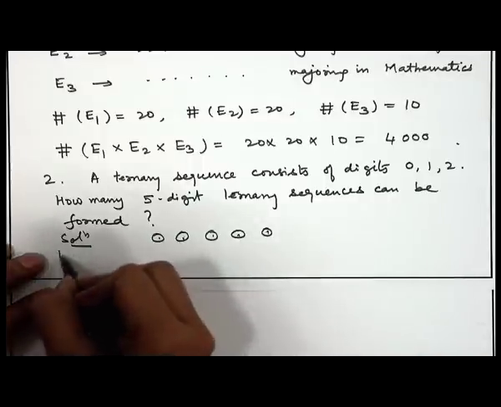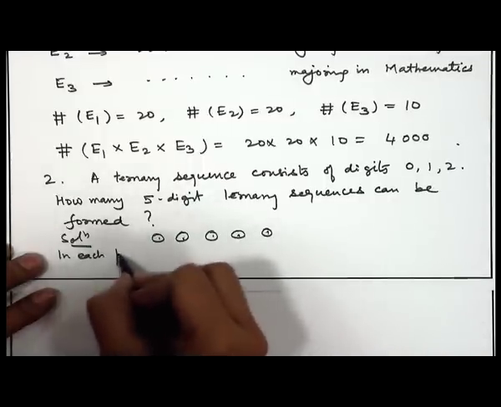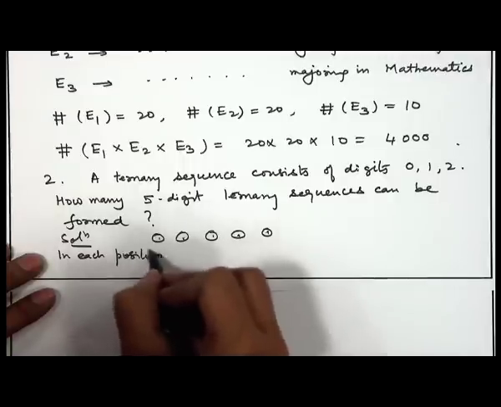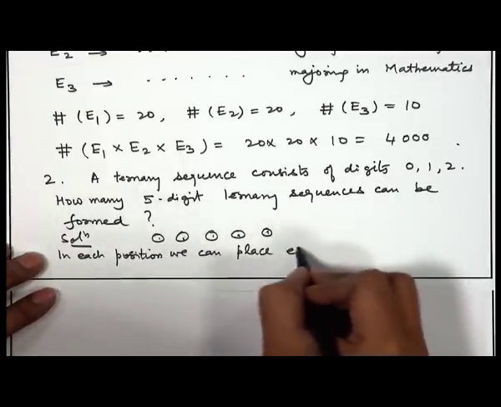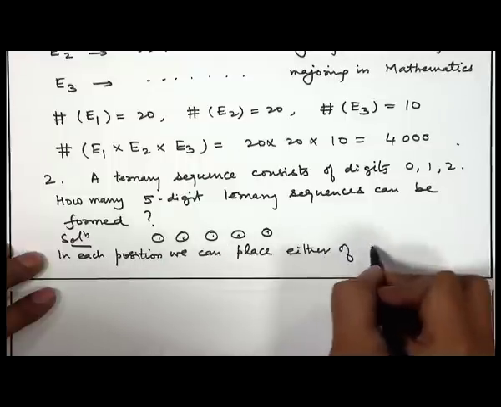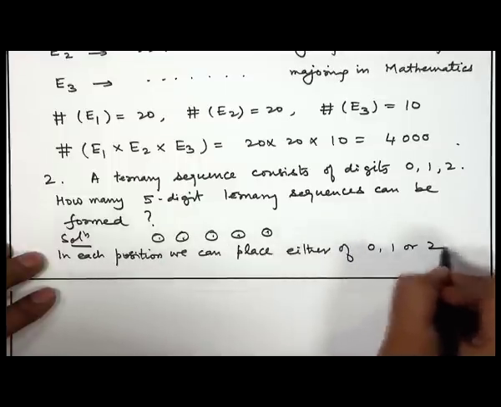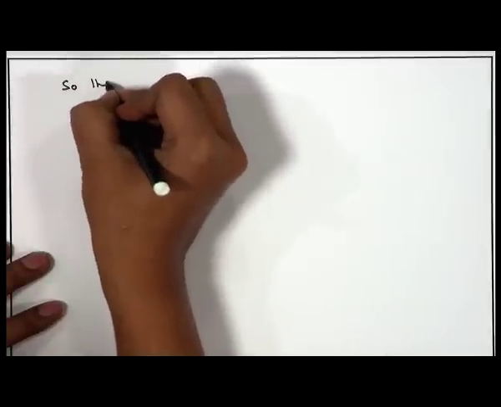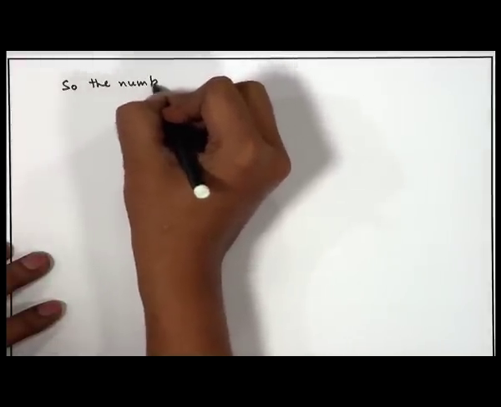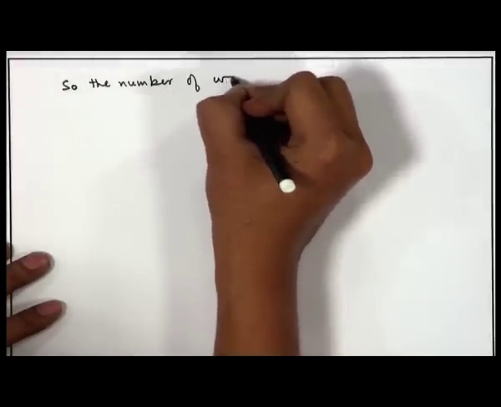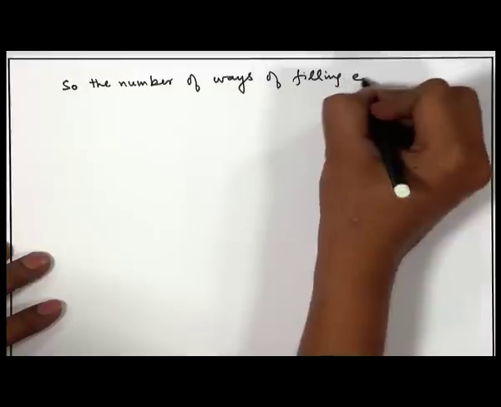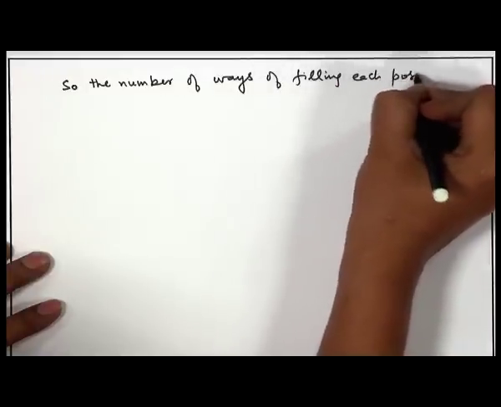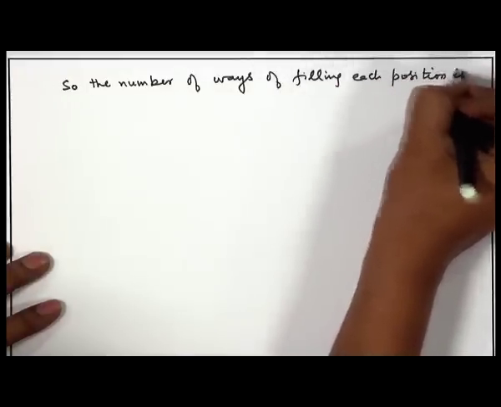So, in each position we can place either of 0, 1 or 2. So, the number of ways of filling each position is 3.